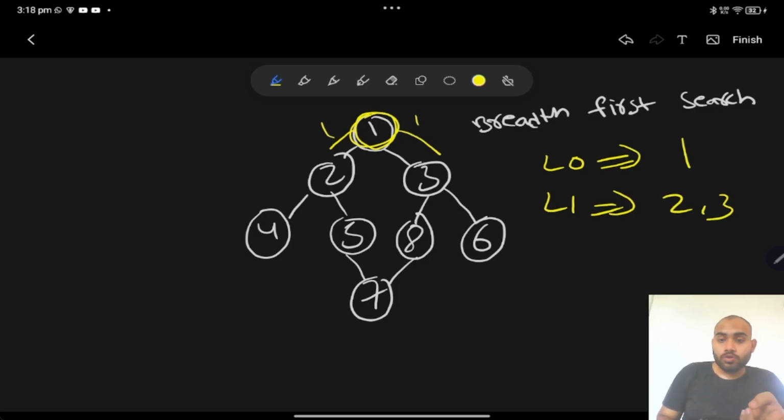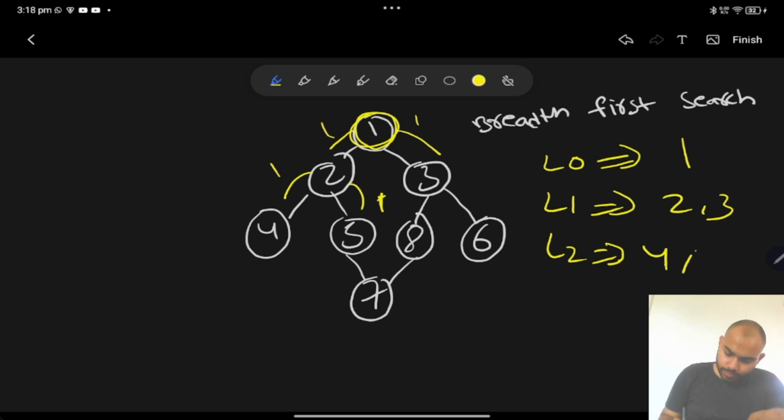Now what are the nodes at distance 2? Those are 1 plus 1, 2. So at distance 2 we have 4, 5, 8, and 6.